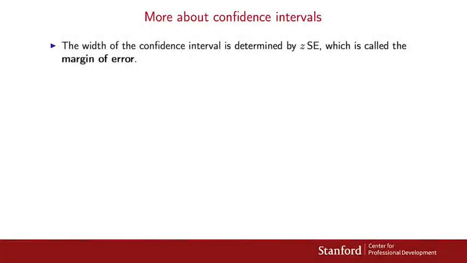Now let's have a look how big the confidence interval is. Remember, the formula for the interval is we take the estimate plus minus z times standard error. So the width of the confidence interval is given by twice z times standard error. That term z times standard error is called the margin of error.